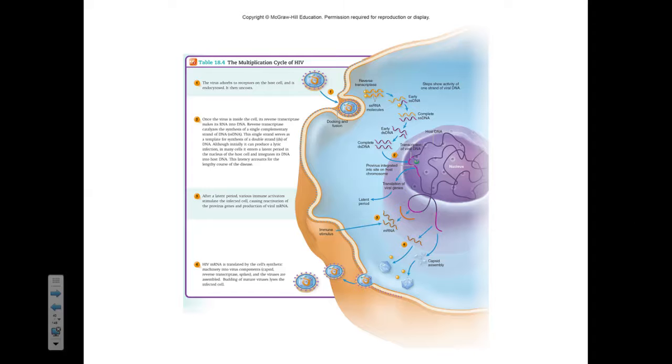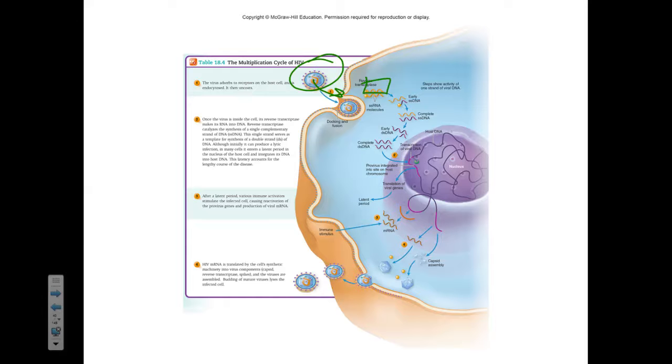I loved figure 18.4 from your text. It shows that the virus will first dock with the host cell. After that virus docks with the host cell, its single-stranded RNA-based genome, or the ssRNA genome, is going to be bound with reverse transcriptase.